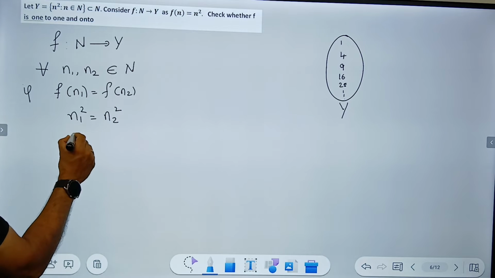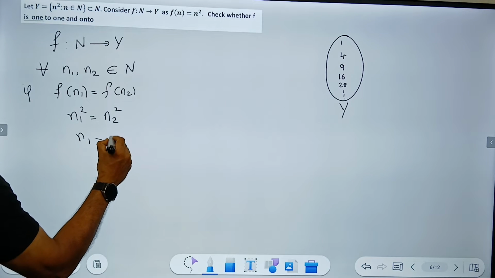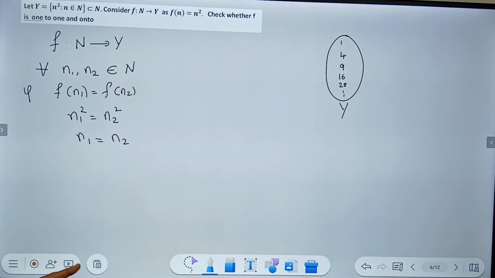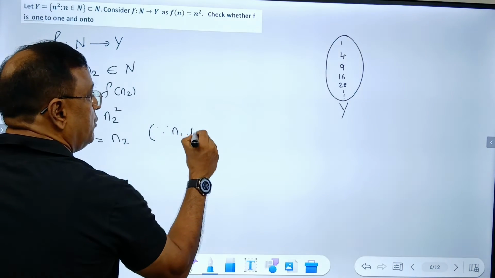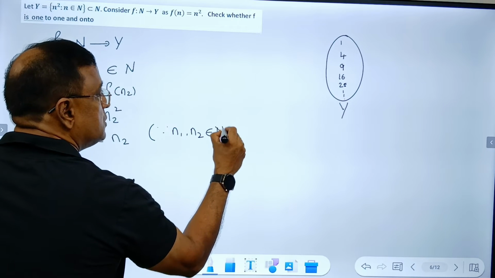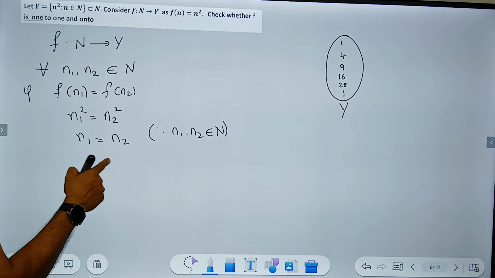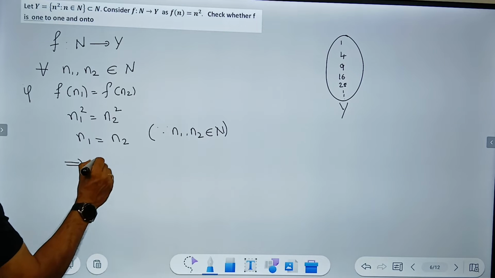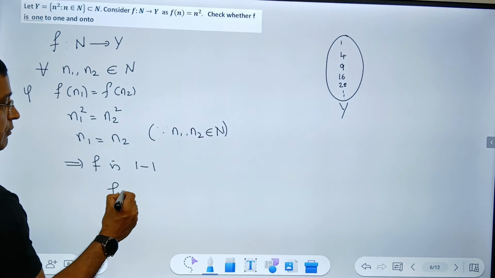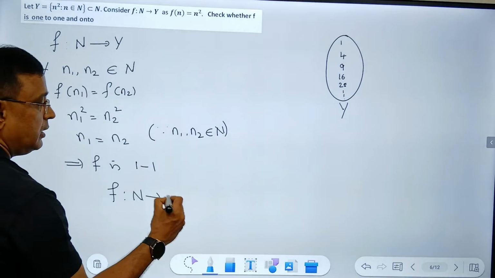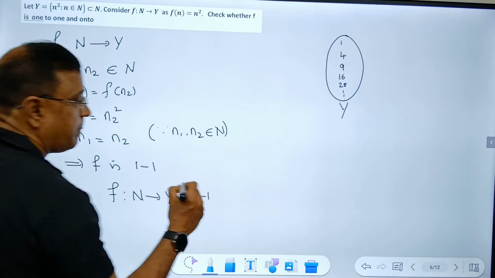Here to take the square root, I don't have to worry much because n1 and n2 are positive because they are natural numbers, right? So I don't have to worry about plus or minus. This implies f from N to y is 1 to 1.